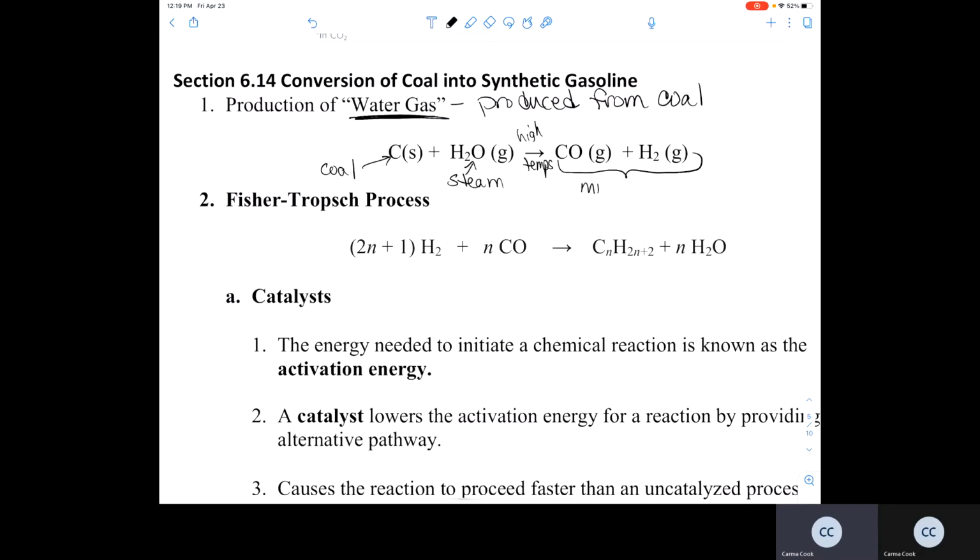This mixture of carbon monoxide and hydrogen is called water gas.